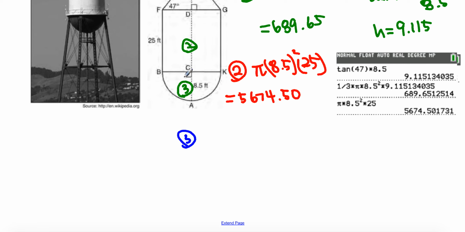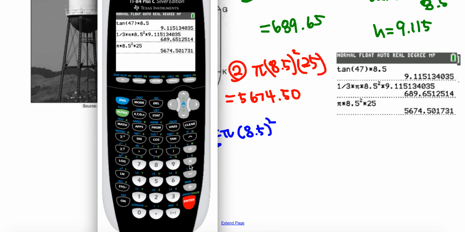Now let me go for the third one. The third one is, in fact, the hemisphere. So instead of 4/3 pi r cubed, we're going to have 2/3 pi r cubed, where r is 8.5.